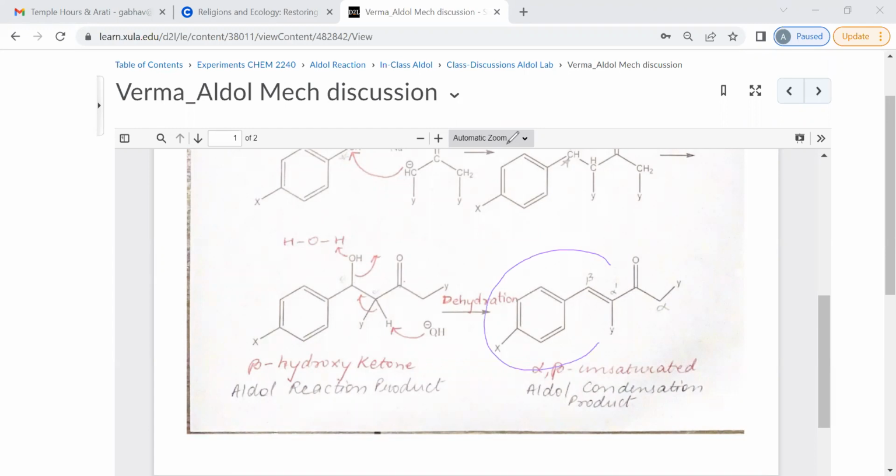So one of the parts of your experiment is to add in portions. Why do we add in portions? So that one of the sides of the ketone will get substituted. If you add all of your materials at once, you will get random mixing. Some of them will be mono substituted, some of them will be di substituted.